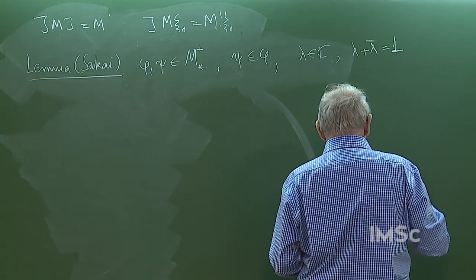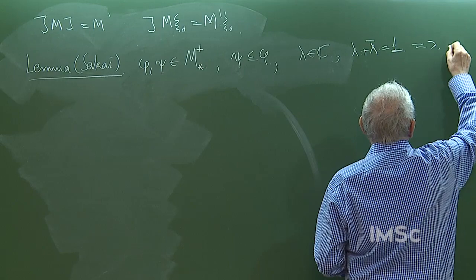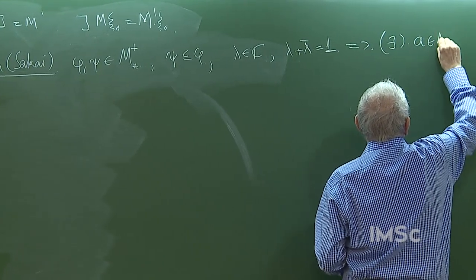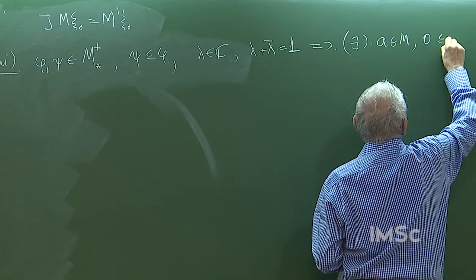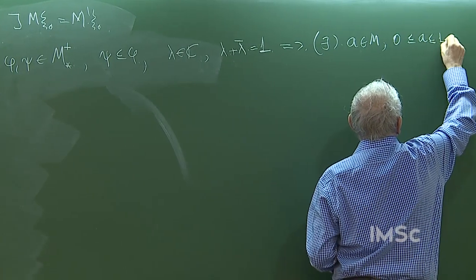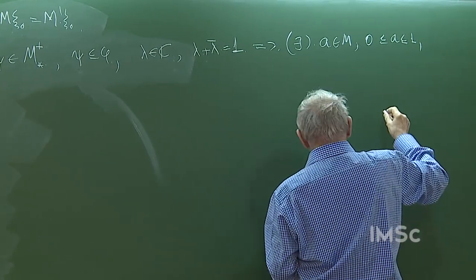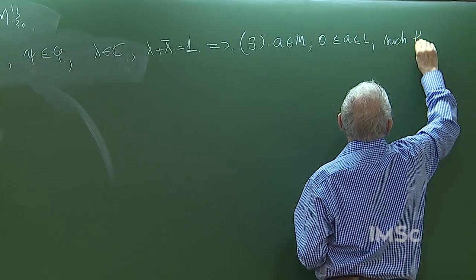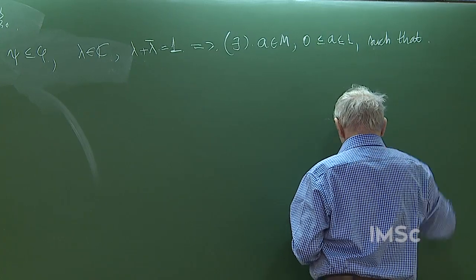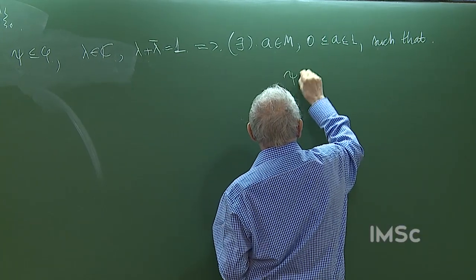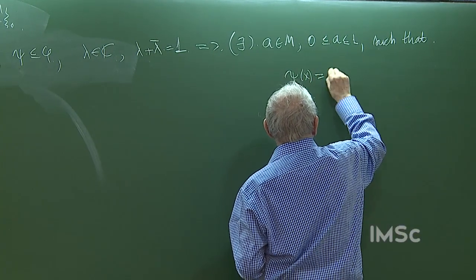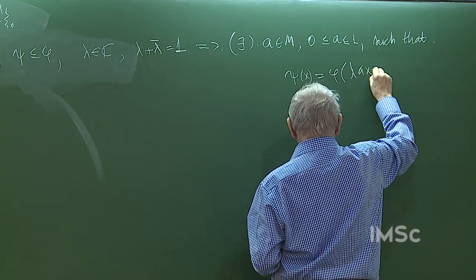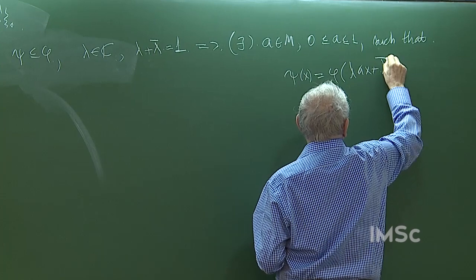Then there exists an operator A in M between 0 and 1, and such that we have psi of x is equal to phi of lambda AX plus lambda bar XA.